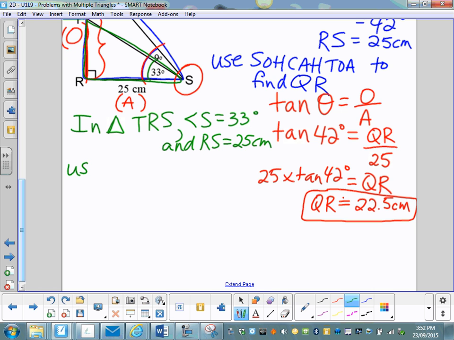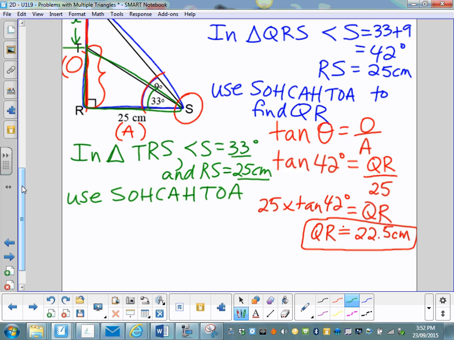So we're not going to use triangle SOH, we're going to use SOHCAHTOA. We know an angle, we know a side, and we want to find side TR.